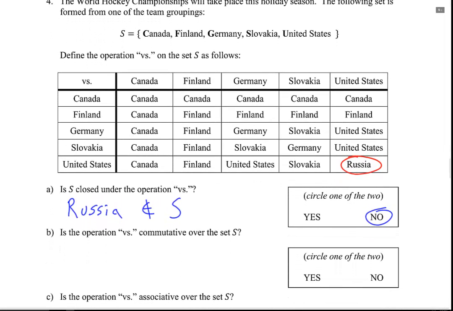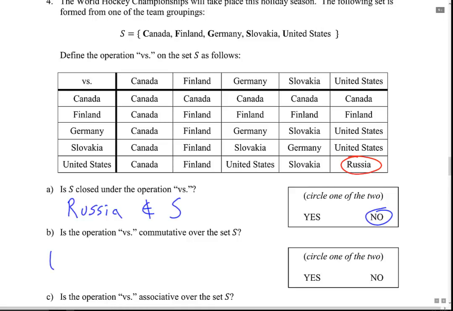Is the operation commutative over the set? So what we can check here is to make sure the top triangle, if we go down the main diagonal, is symmetric with the bottom triangle. So as we look through the rows and columns, everything is symmetric except for United States and Slovakia.